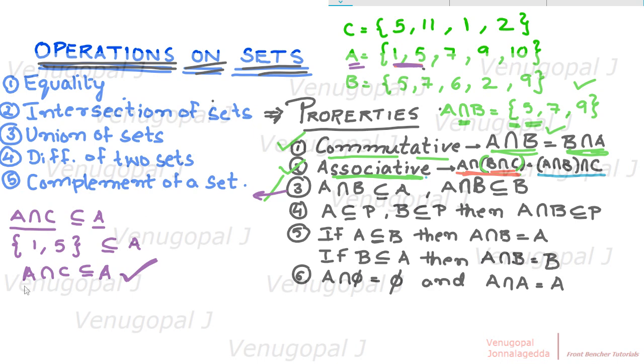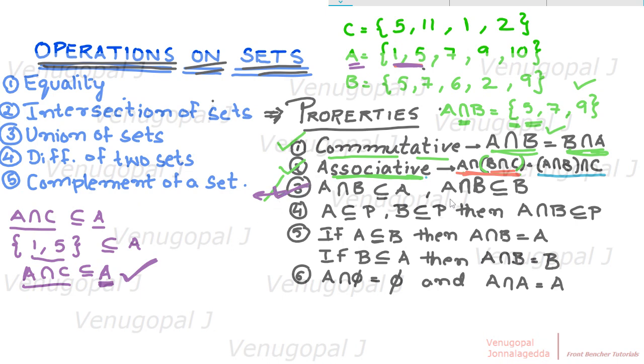So in this case we have a set which is A intersection C and we have another set which is A. So we can find that 1 and 5 are both present in set A. That's why even the third point holds true, right?